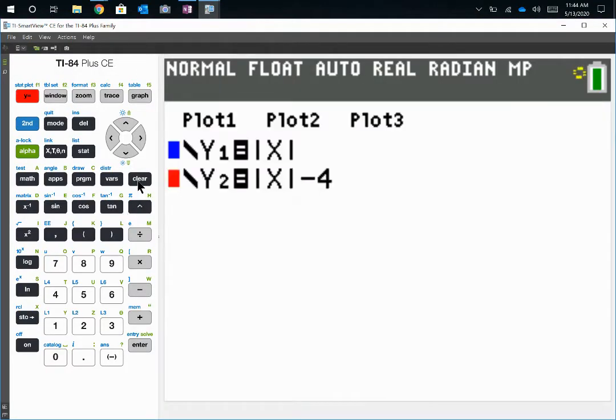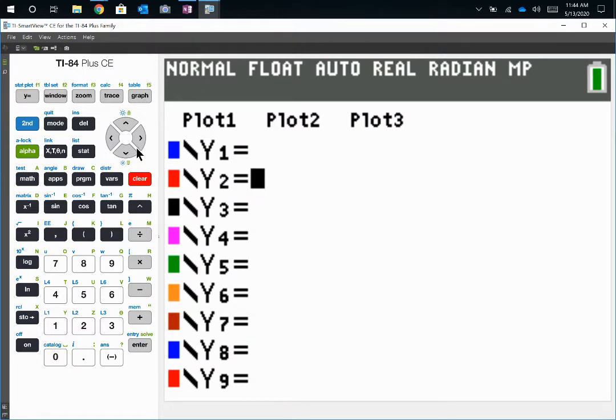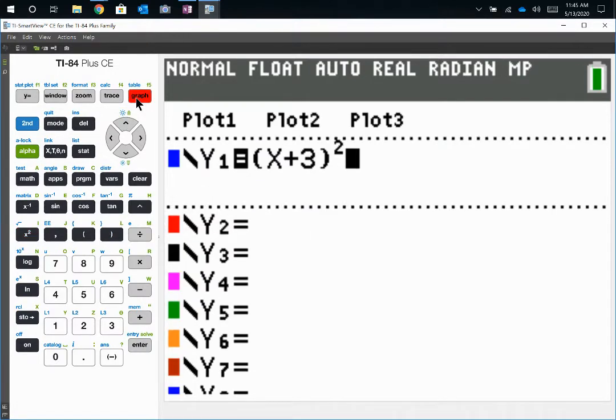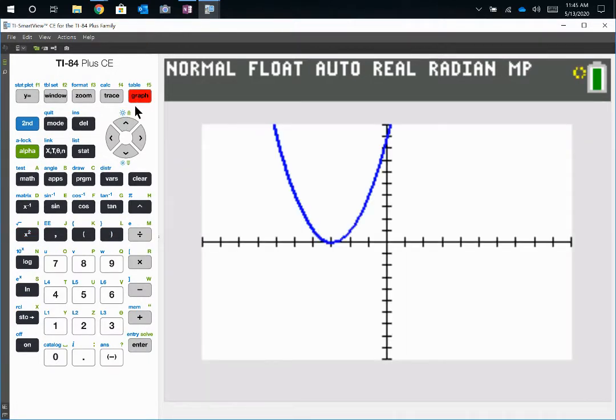So I'm going to go ahead and clear my previous graphs out of there. And if I were to type in open parenthesis x plus 3 squared, I could see that my function has been shifted to the left 3 places. Okay, that function has been shifted to the left 3 places.